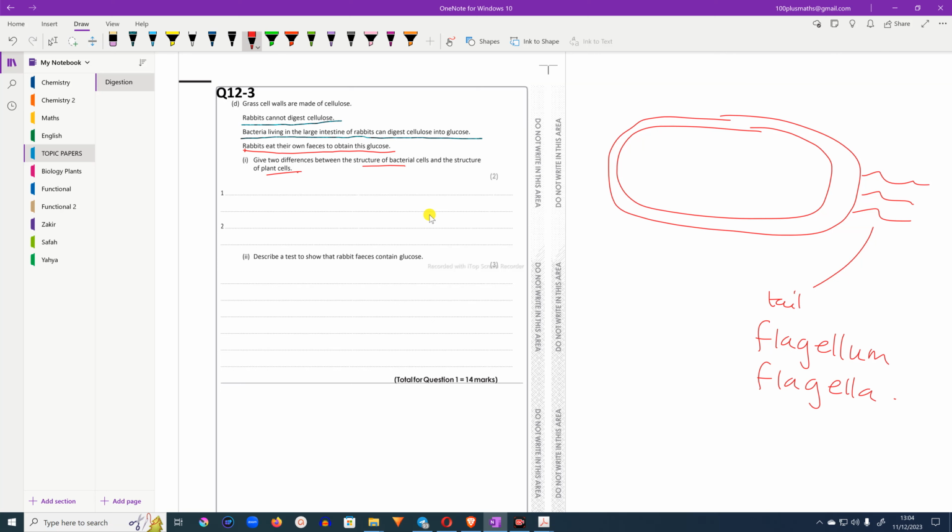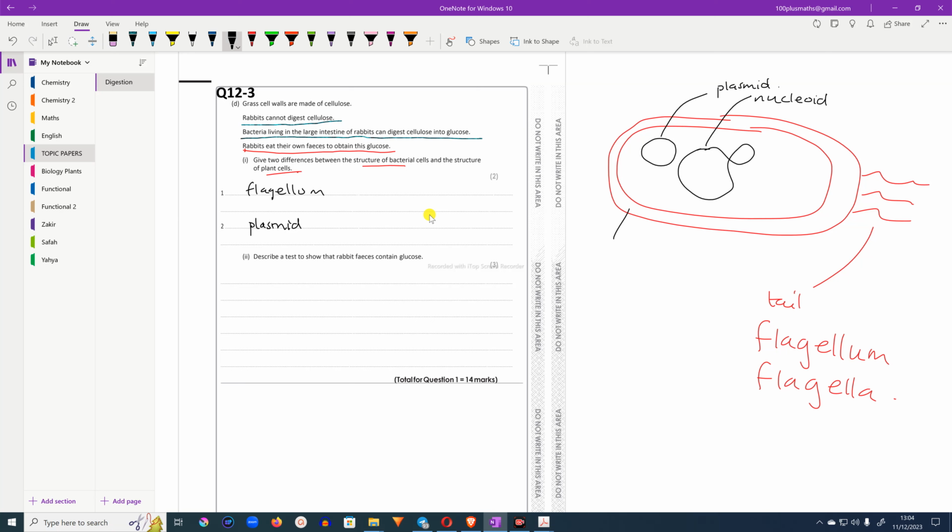Plant cell has a real nucleus, but bacteria have plasmids and a nucleoid. So this is the DNA. Nucleoid. So it has a flagellum and it has a plasmid.